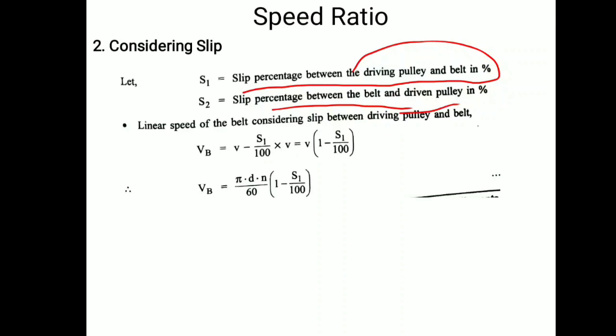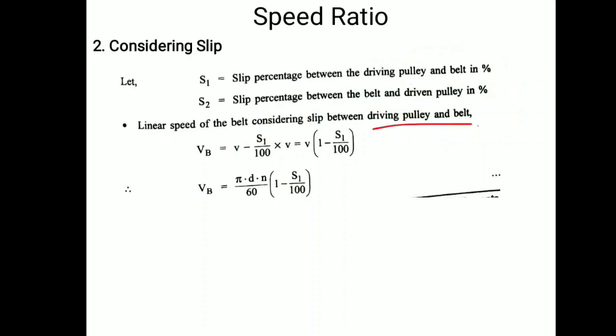Then the linear speed of the belt considering slip between driving pulley and belt. So first we consider S1, related with the first pulley, the driving pulley and belt. You can see that VB, that is belt velocity, is equal to the velocity of the smaller pulley, small v, minus slip of that respective pulley, S1 by 100, into velocity.